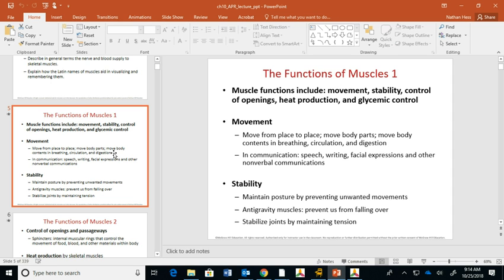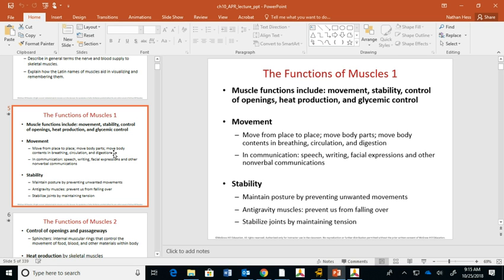I can hold on to these right here, and with the same muscle, the same motion that will pull my arms like this, I can pull my whole body. So I have to have the stability in order to move. And there's a whole set of muscles that do that, not only maintaining posture, but also keeping us from falling over and stabilizing joints so that things can move.